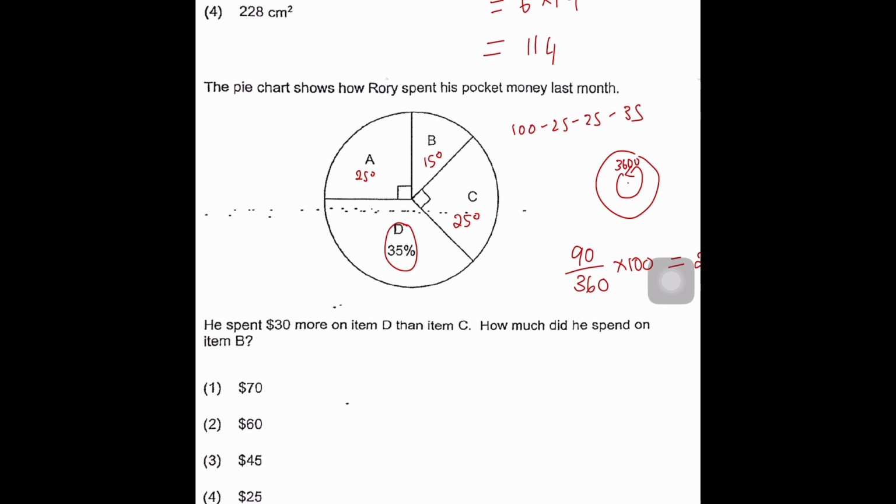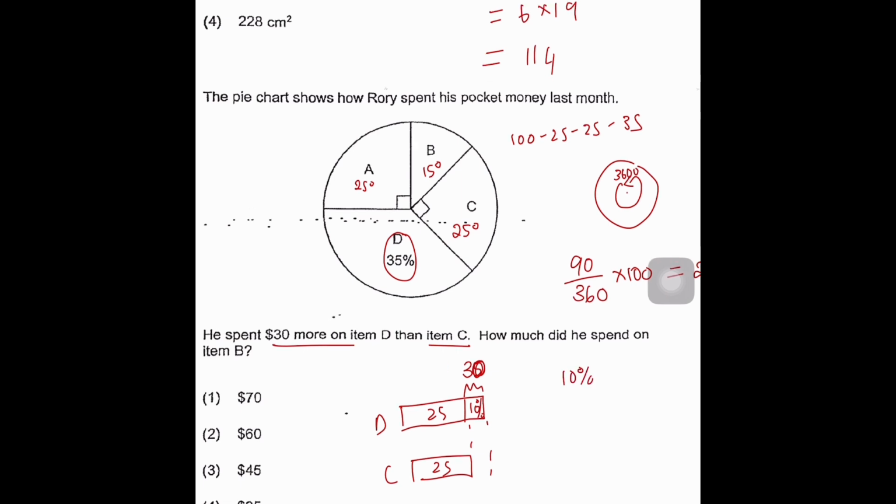Now you know that he spent $30 more on item D than item C. So item D was, let's draw a model to make it easier. Item C, item D, item C. Okay, so this 10% is 25, this 25. So you spent $30 more. That means 10% is $30. So how much did he spend on item B?